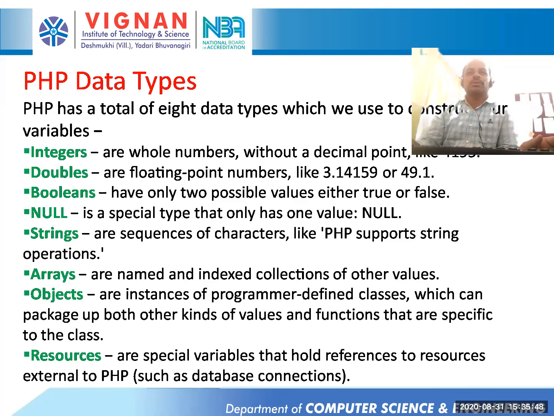Integers are whole numbers without any decimal points. That is, any number without any decimal point is called the integer data type. Examples are numbers like 1439, 1426, 20, 10, any number without decimal points.